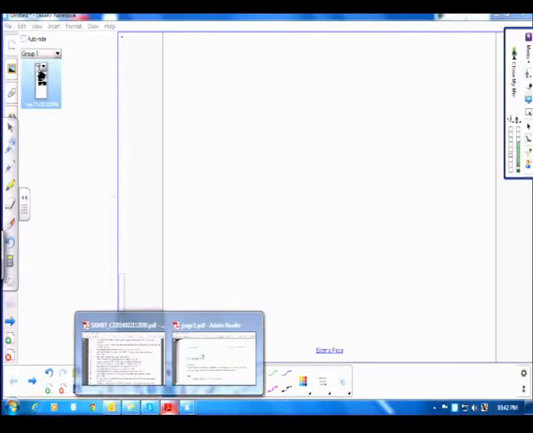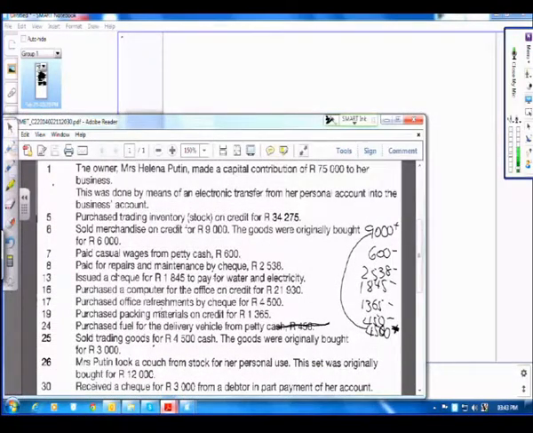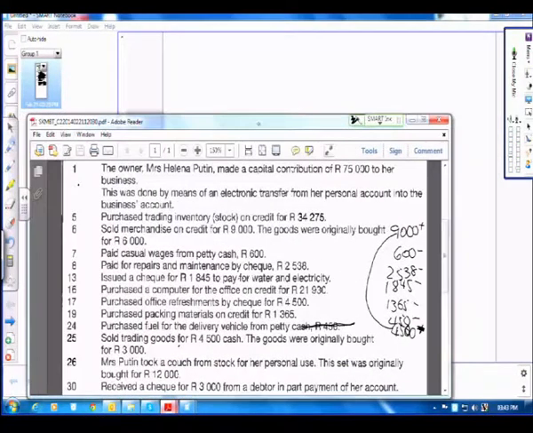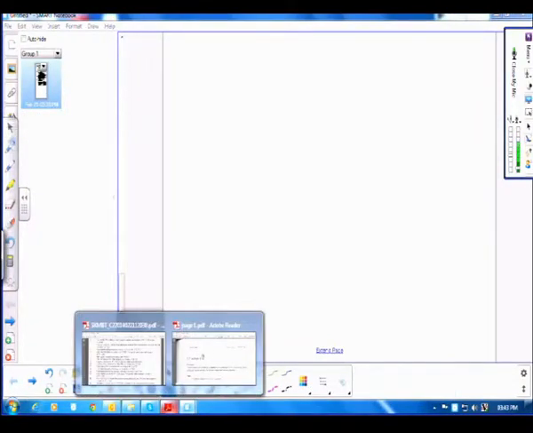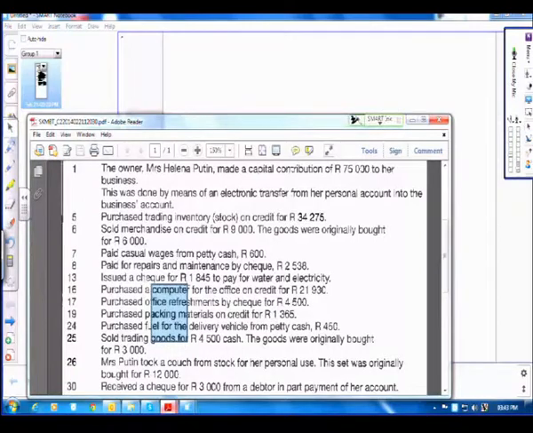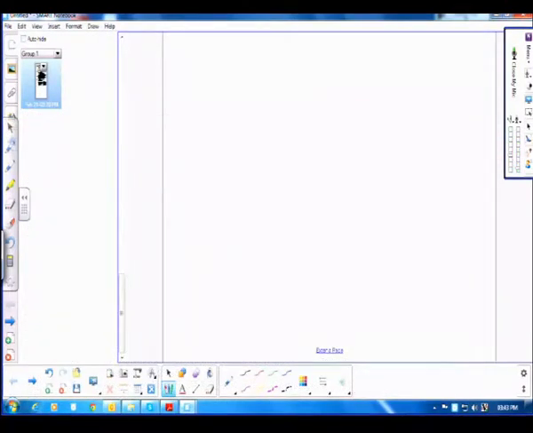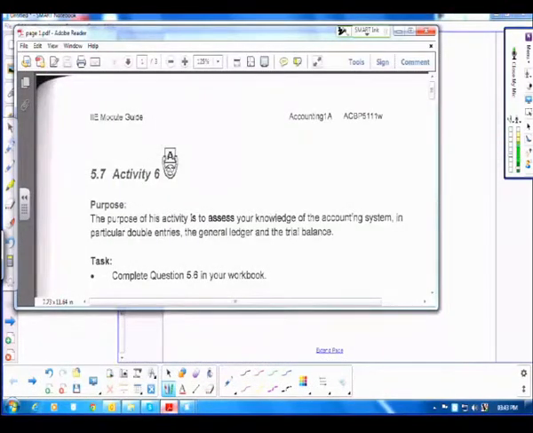Okay, this looks much better. What is important is to look at what the question is saying. This one is what we did earlier, so maybe we can close this one so that we can just deal with our activity. This is in your activity book.